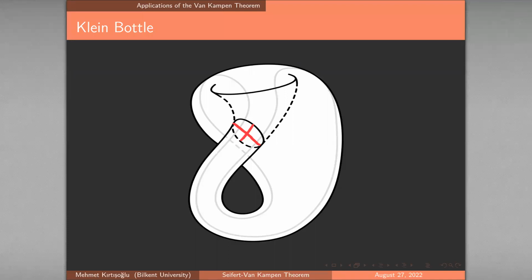Just the same. You draw U here, V here, we have a's, b's here. Now again, the fundamental group of a disk is 1.